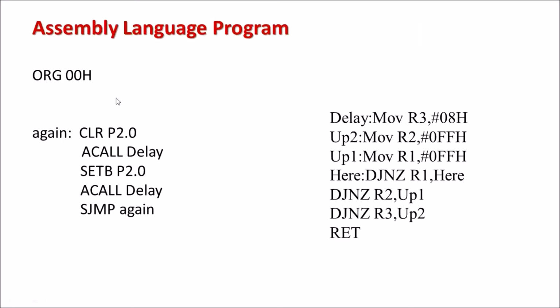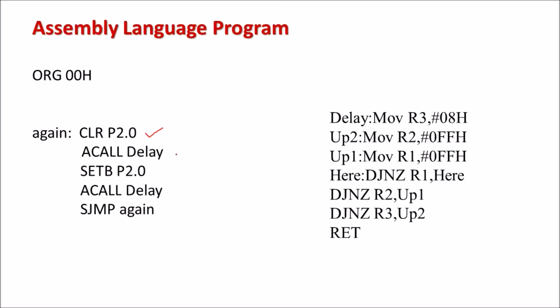Just go through this simple program to turn this light on and off continuously. We first send a logic 0 to the LED, or input terminal of the opto isolator. It will turn this light on.